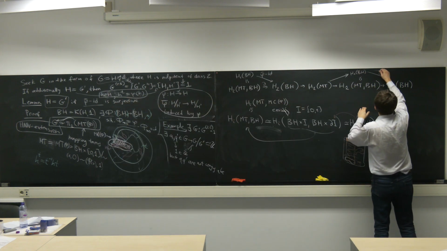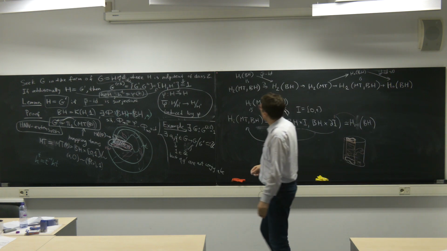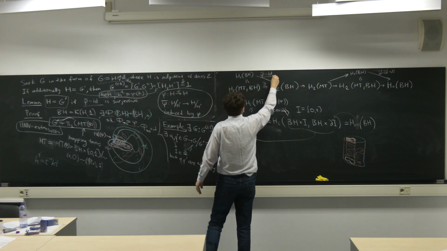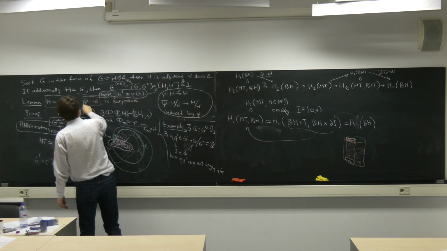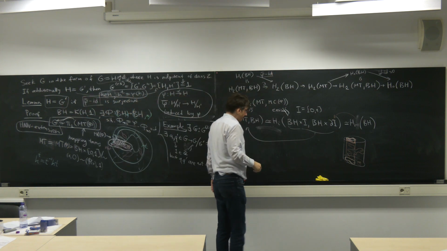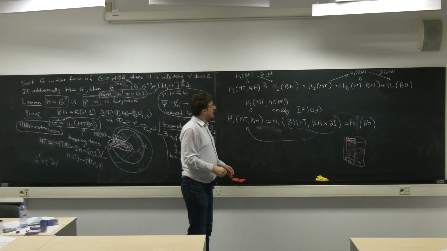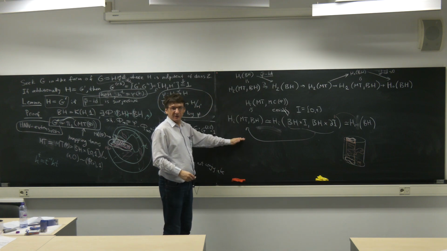So here we get identity minus identity, which is 0. And this phi bar minus the identity is precisely what we wanted here. Okay, so can I erase this?